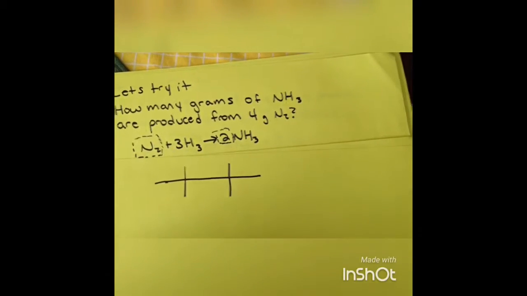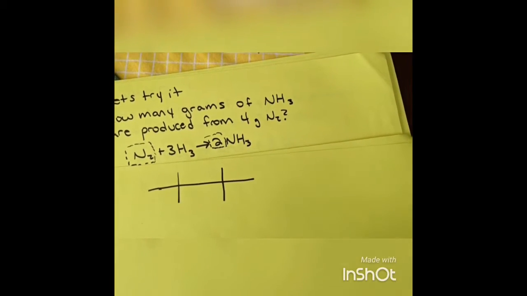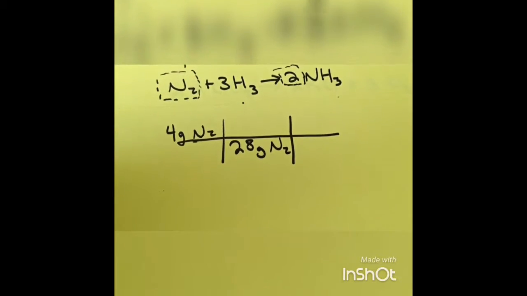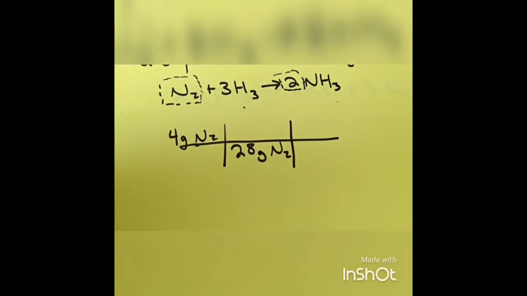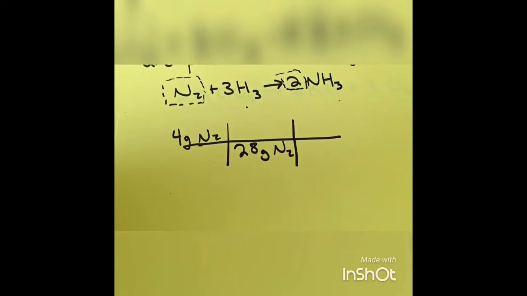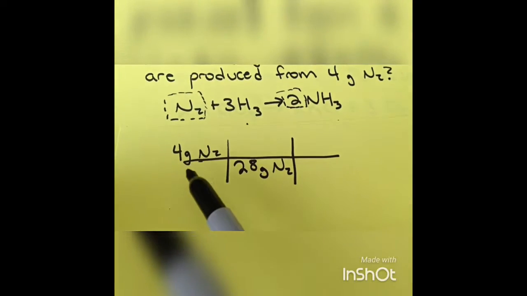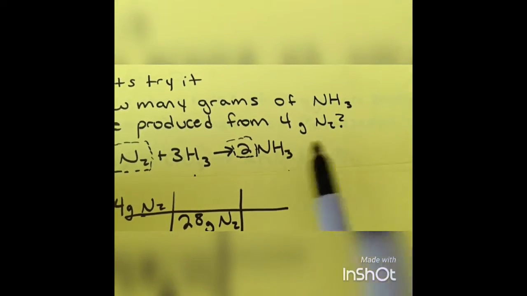So we are going to be going from here to here. So let's get started. As you see, I already got it started for us. The starting point is 4 grams of N2, because it wants to know how much is produced from 4 grams of N2.